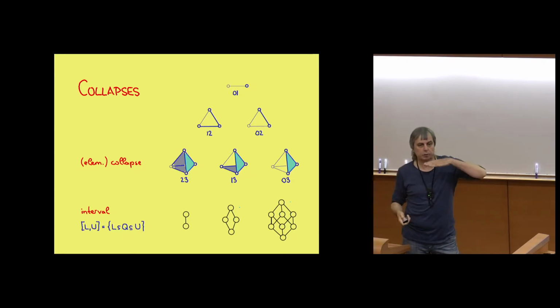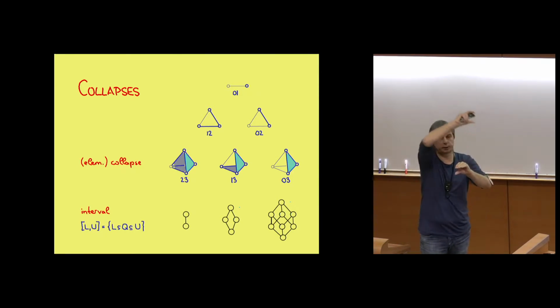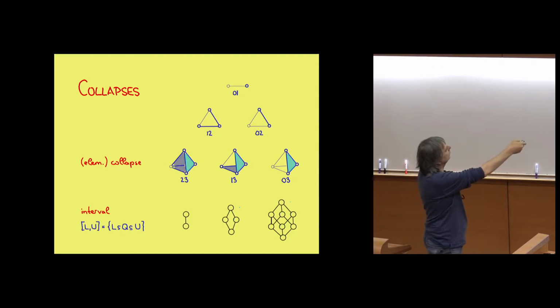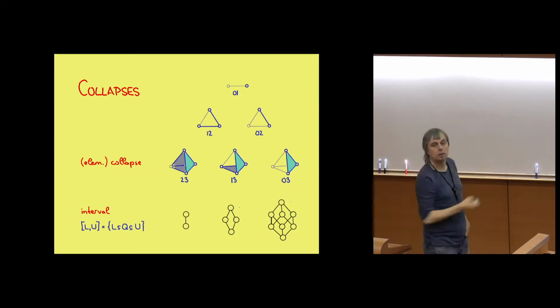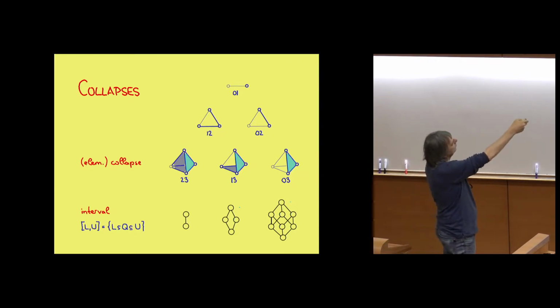I draw the nodes bottom up, where the dimension increases when I go up. So at the bottom, usually I have vertices, then edges, triangles, and tetrahedra. If a vertex belongs to an edge, I draw an arc in between. So this would be a vertex and an edge. This would be the picture of the 0-1 collapse. But it's also the picture of a 1-2 collapse, when the lower node is an edge and the upper node is a triangle.